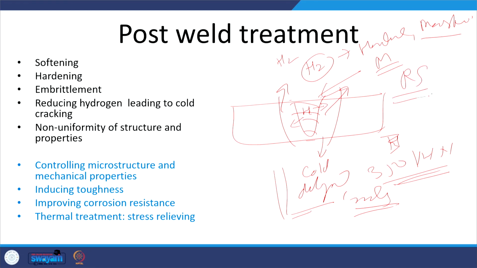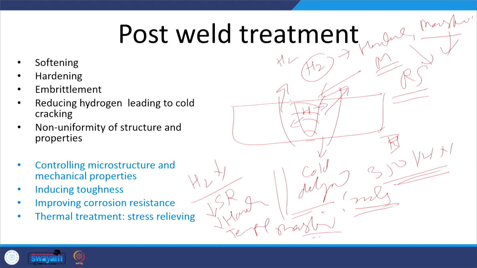Additionally, residual stresses will be reduced, and a little bit of tempering of the martensite can also occur, which will help in reducing the hardness. So, heating below the lower critical temperature can help to reduce the hydrogen content in the weld, relieve stress, reduce the hardness, and temper the martensite.